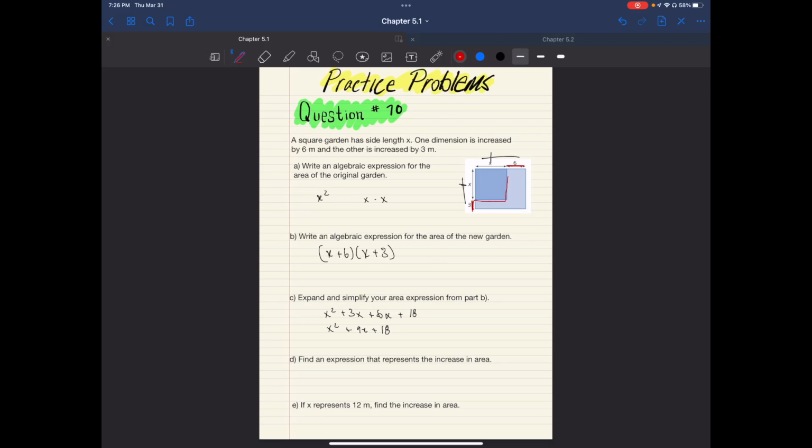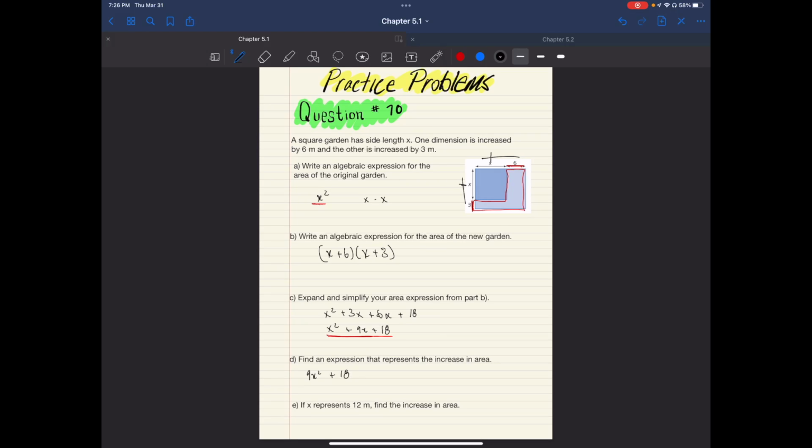So this is our increase. Now, we know our original area is x squared. Our new area is x squared plus 9x plus 18. So our increase in area is simply 9x plus 18.